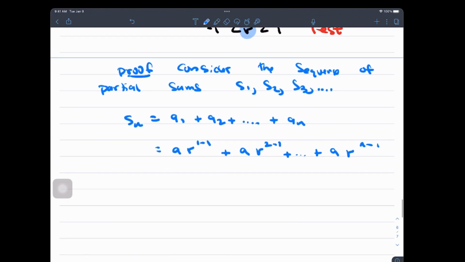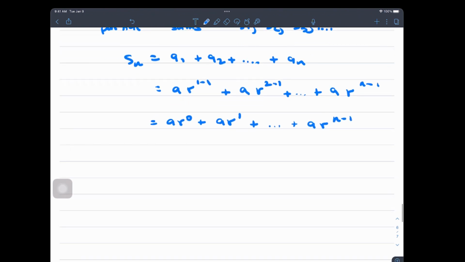So you end up with a r to the 0 plus a r to the first, up to a r to the n minus 1. And that's just going to be a plus ar all the way up to ar^(n-1).